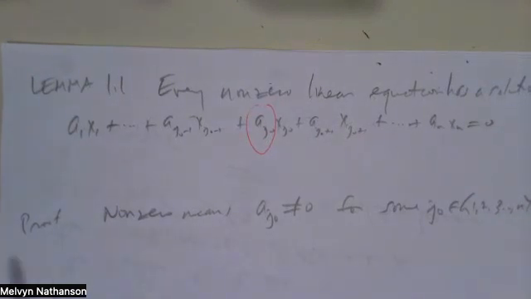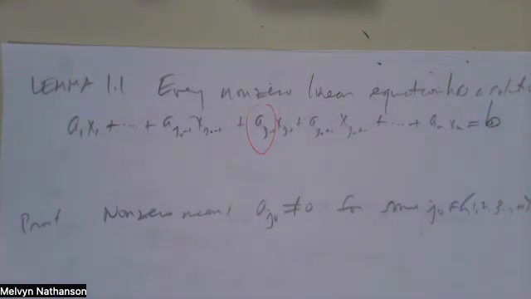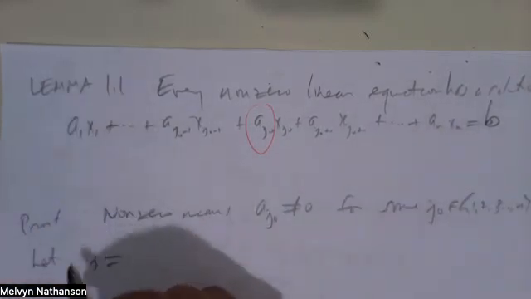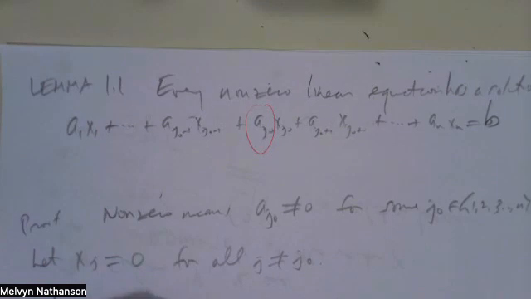And how can you get a solution? Here's a simple solution. Let the variable xj be equal to 0 for all j different from j naught, and let x sub j naught be equal to b divided by a sub j naught.